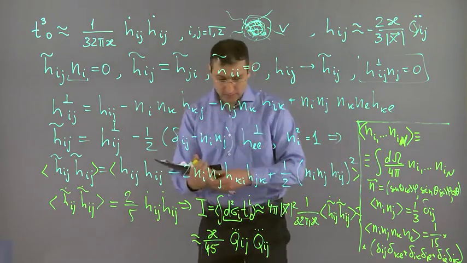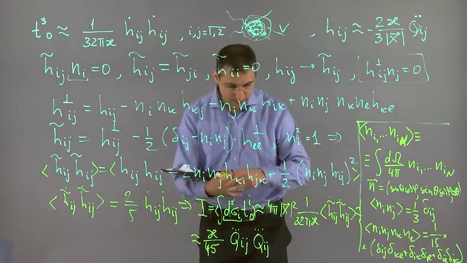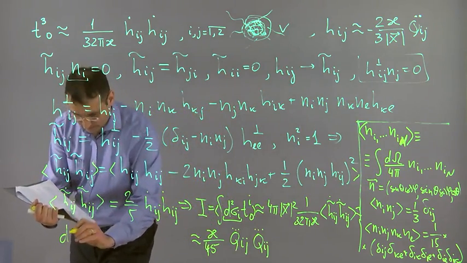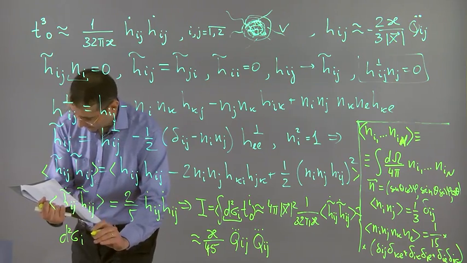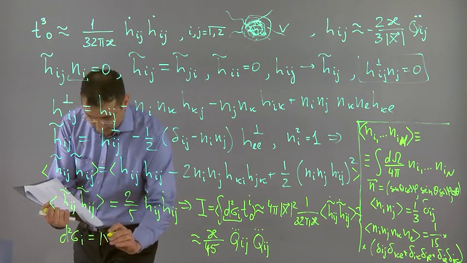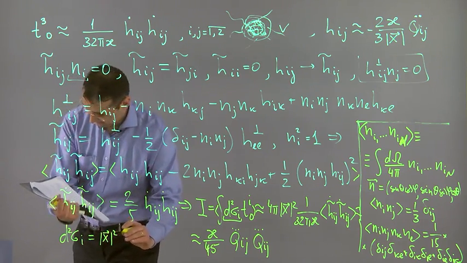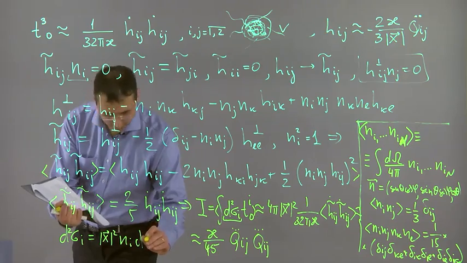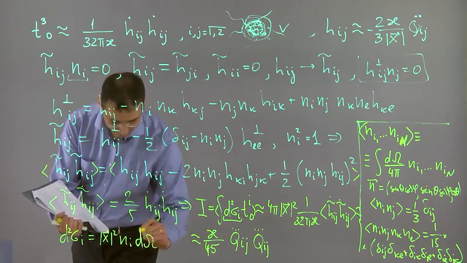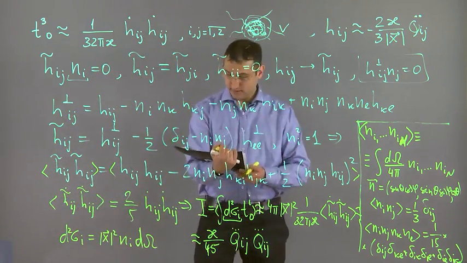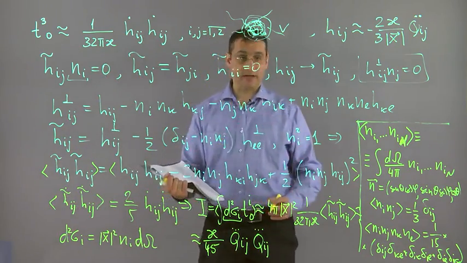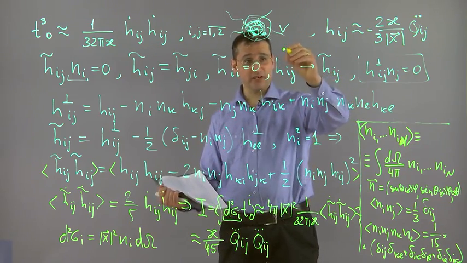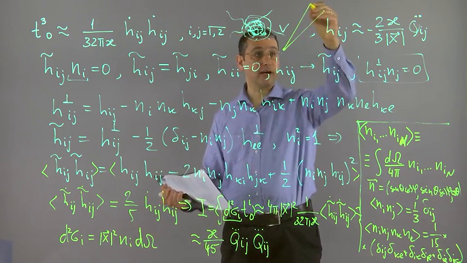Just to explain this formula, let me write what d2 sigma I is. It's just x squared times n_i d omega. To understand what's going on, we have a source of radiation here, and a solid angle.